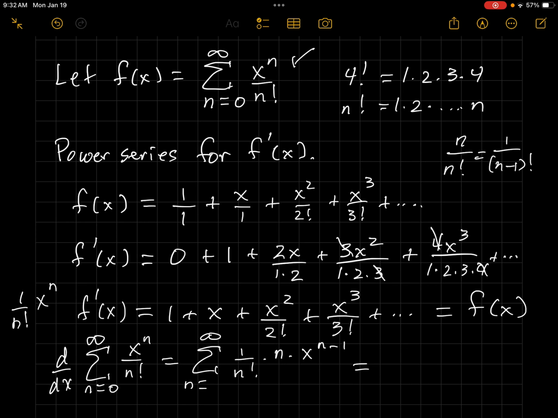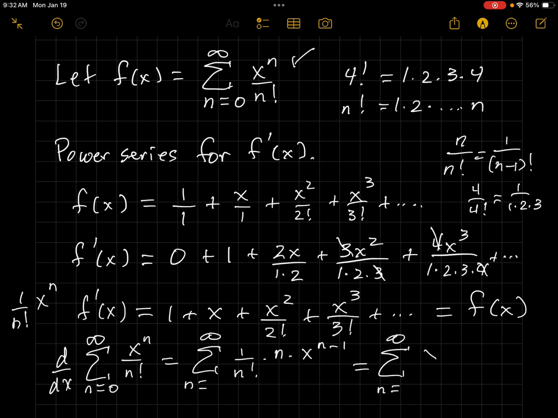Well, it's 1 over n minus 1 factorial. A specific example is 4 over 4 factorial equals 1 over 1 times 2 times 3. So rewriting this, I still haven't figured out what I'm starting for n.